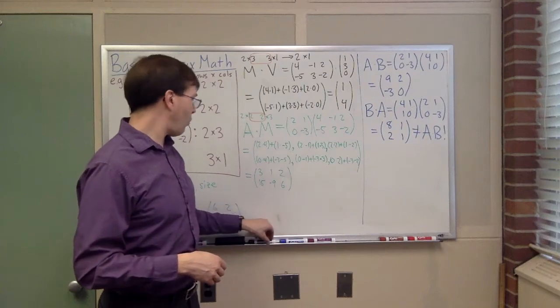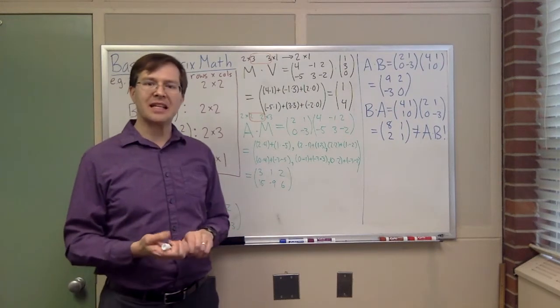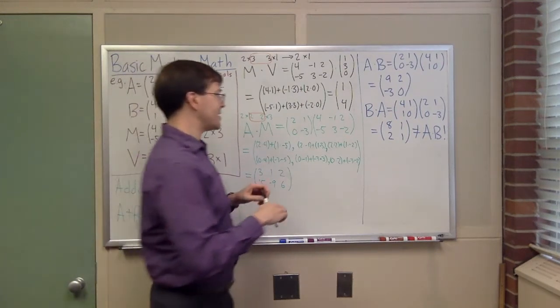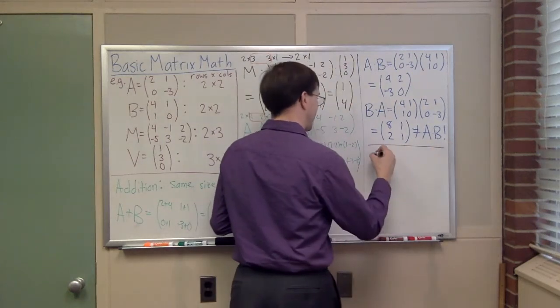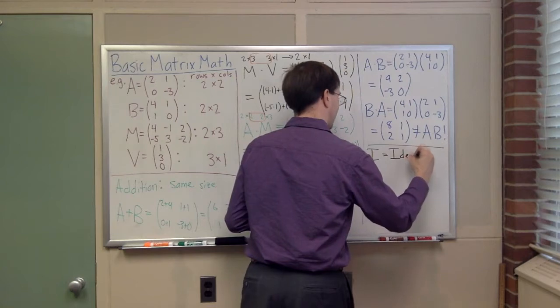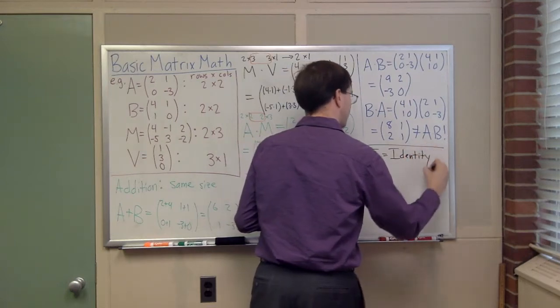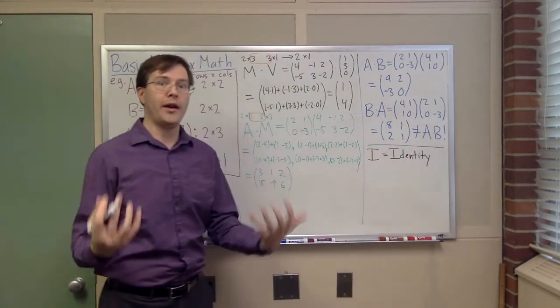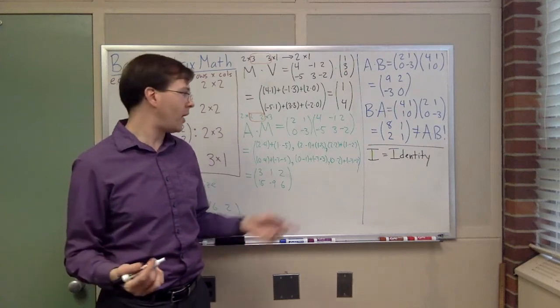I guess maybe one more matrix multiplication thing to mention, and that is the idea of the identity matrix. I is the identity matrix. Identity meaning 1, meaning it's like multiplying by 1.